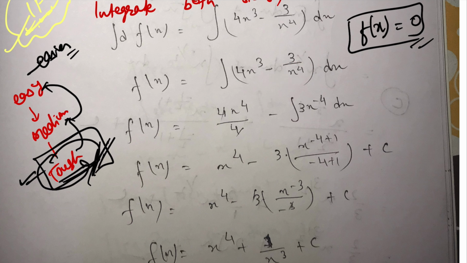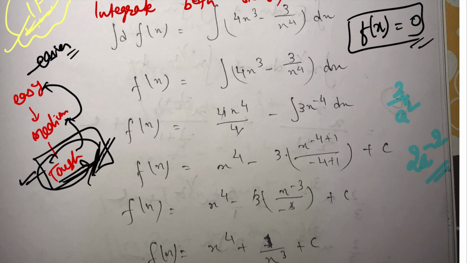If you have anything in the denominator as a power, for example 2 by a square, and you take a square up, it will become 2a to the power minus 2. So the power becomes negative. Similarly here I have done x to the power minus 4.